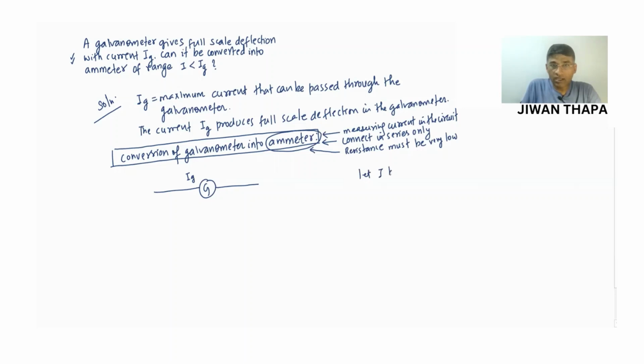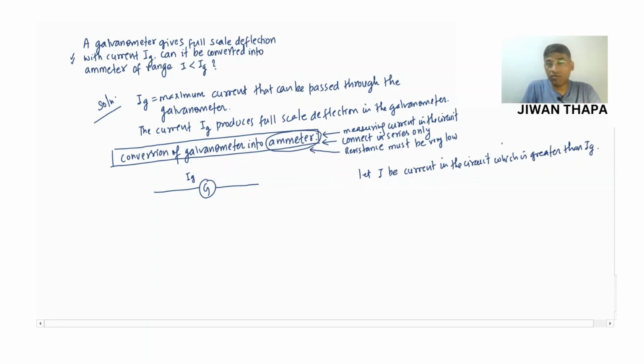Let I be the current in the circuit, which is greater than Ig. So we are discussing theory right now.